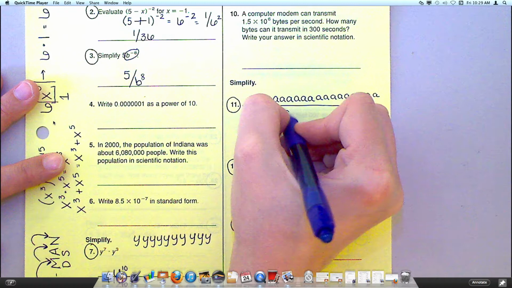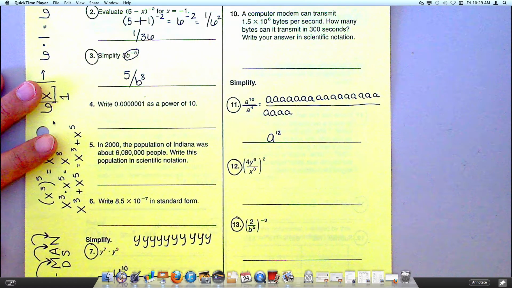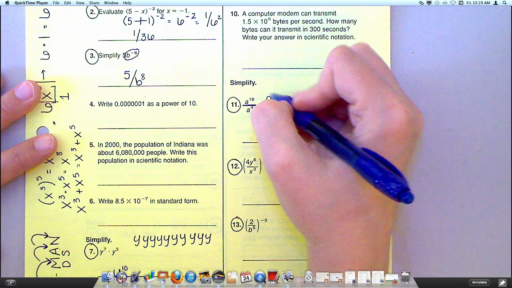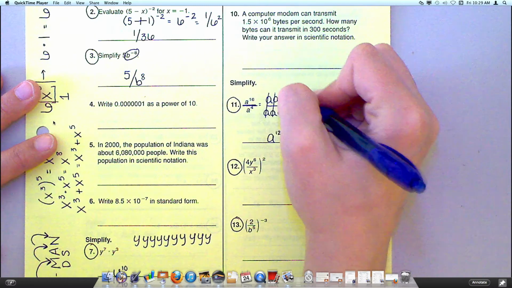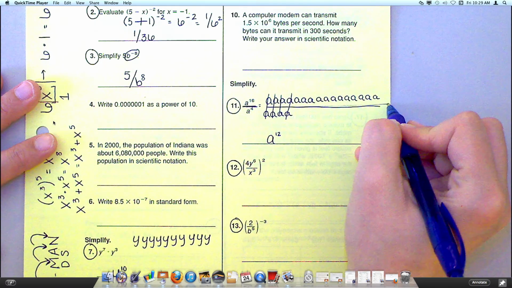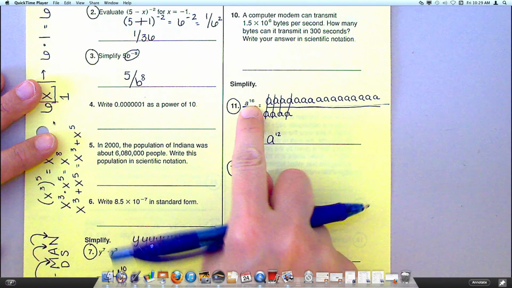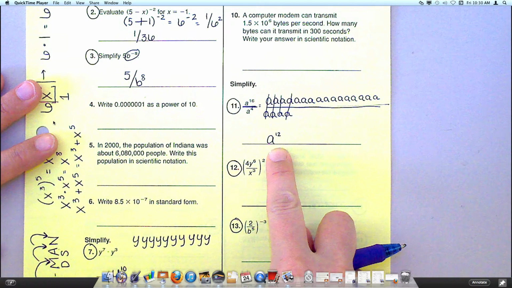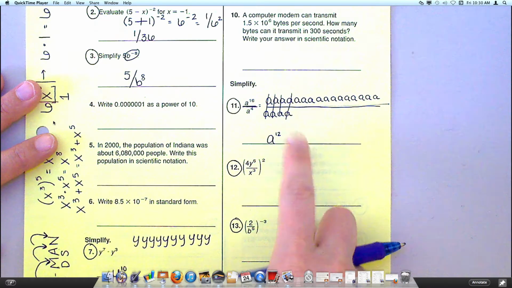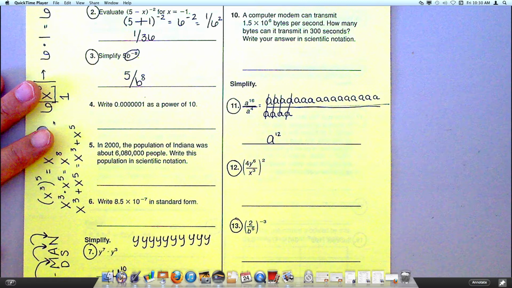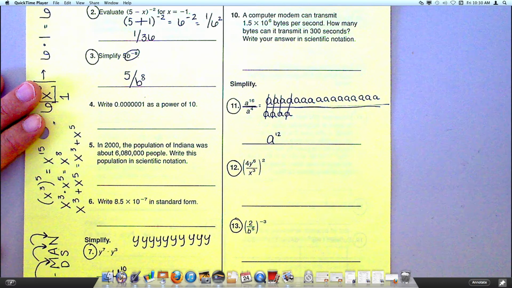And so what's going to happen when you have a's on top and bottom? Yeah, so really what this means is 4 a's are going to cancel, and then you just want to know how many a's you would have left over. And if you took out 4, wouldn't it make sense there'd be 12 left? I think that's the way that we did it. Probably wrote it all out. Yeah. You don't have to write it out every time, but if you're not sure what to do, it wouldn't hurt. Okay?